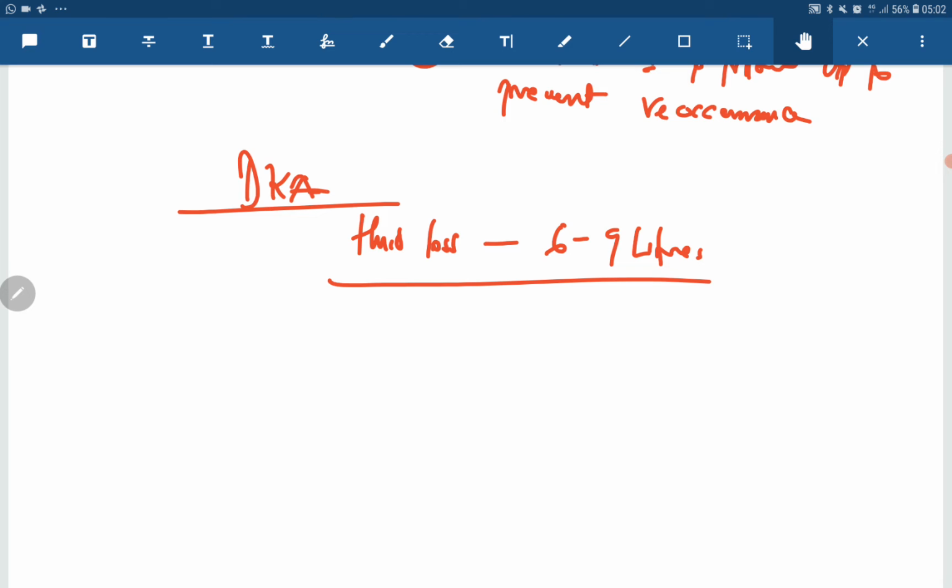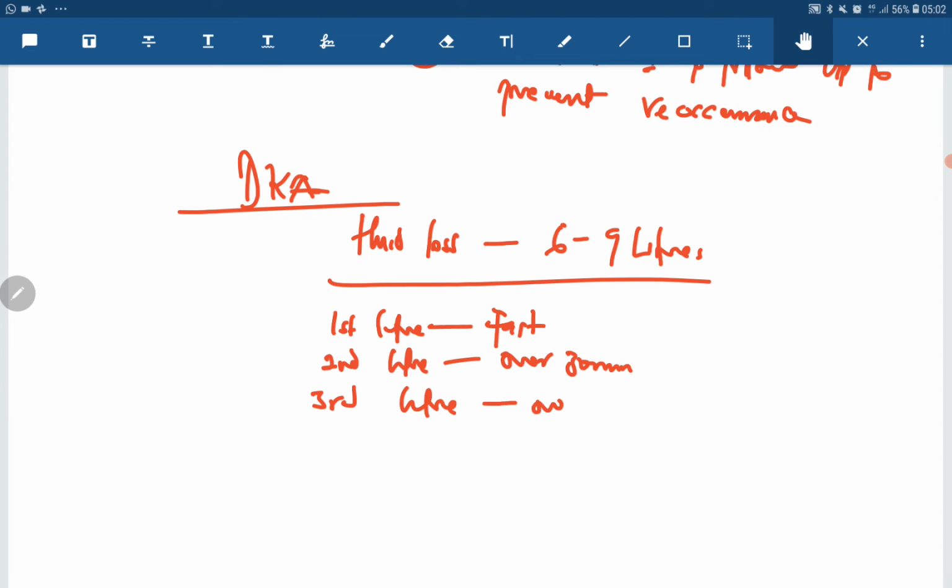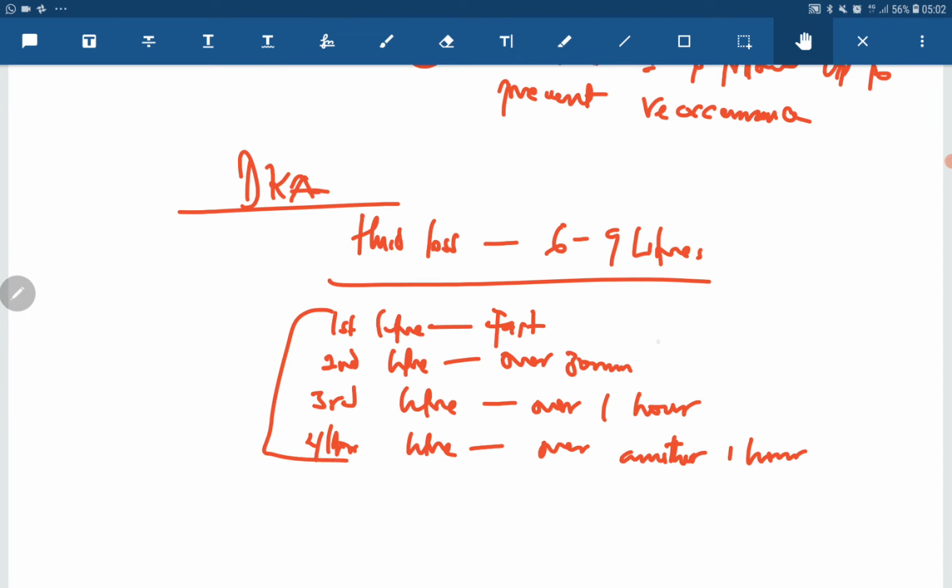So usually we give the first liter fast, the second liter over about 30 minutes, then the third liter over 1 hour, then the fourth liter over another 1 hour. But we must note that this may not apply to every patient.